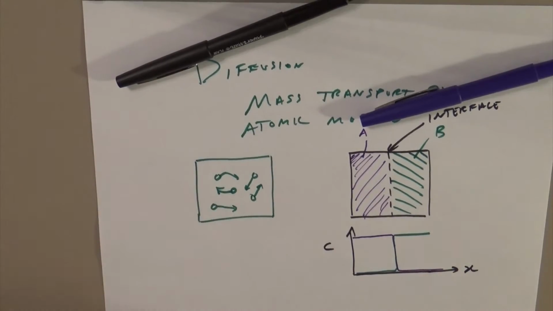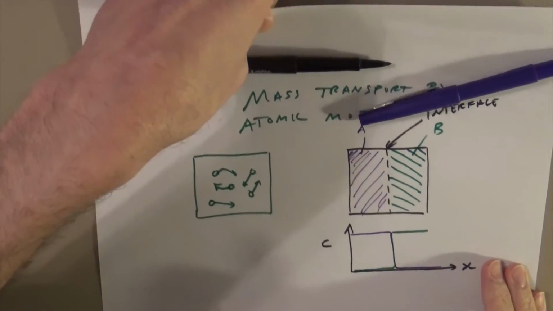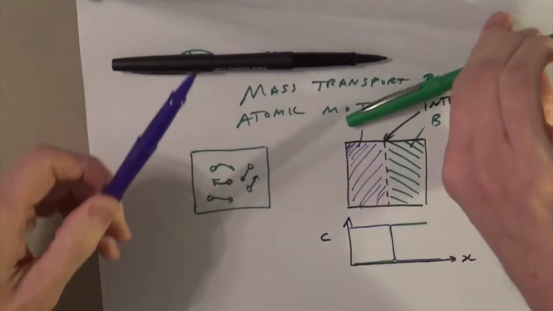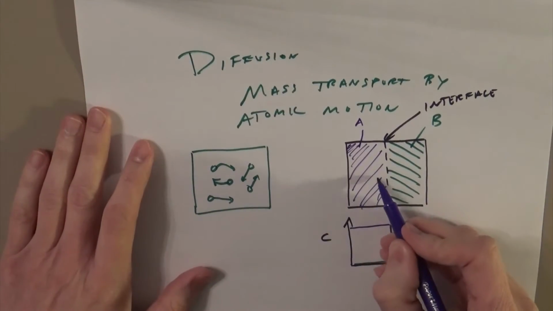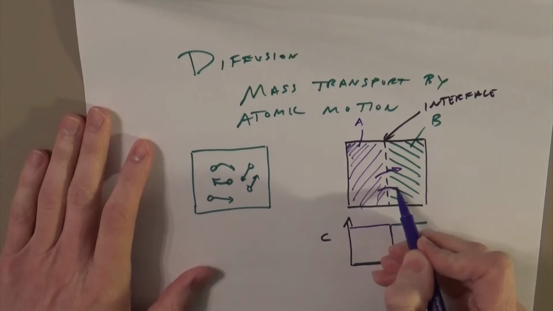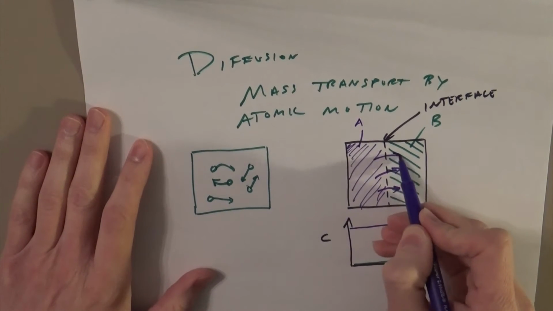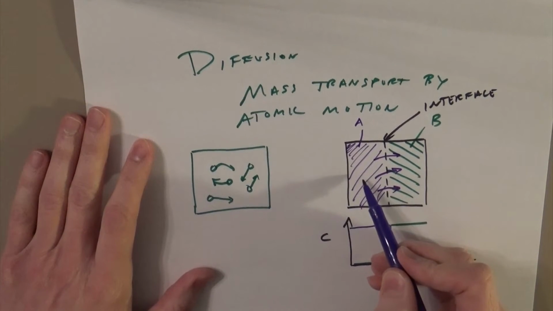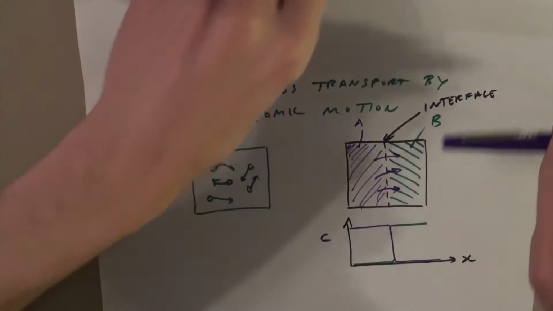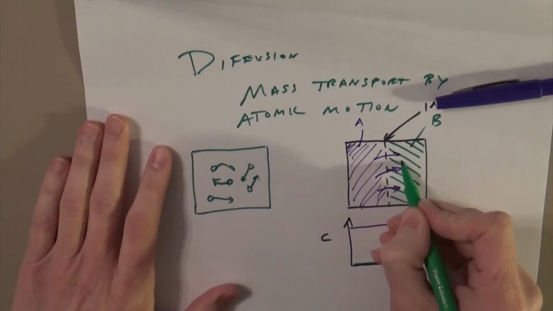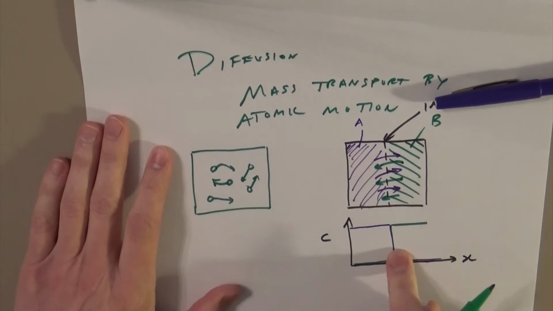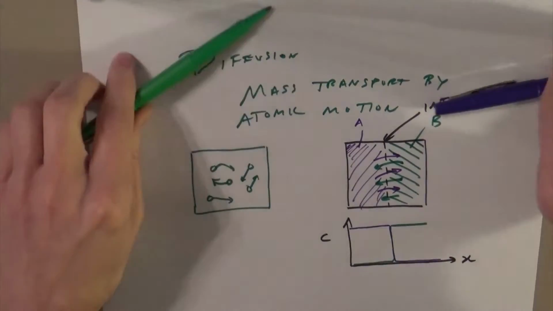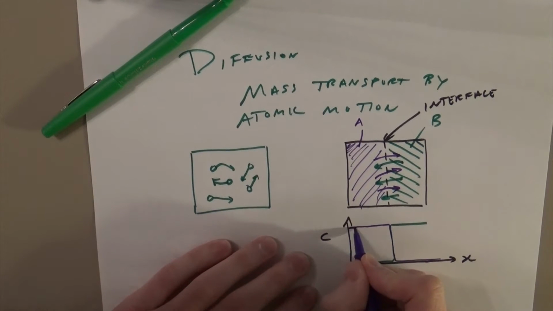And then as time passes, materials tend to diffuse from regions of high concentration into regions of low. So you have a high concentration of A atoms here, and they're going to diffuse to the right, and a high concentration of B atoms here, they diffuse to the left. And that makes this concentration profile now change to something that looks like this.